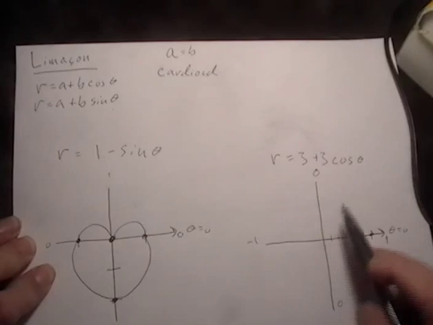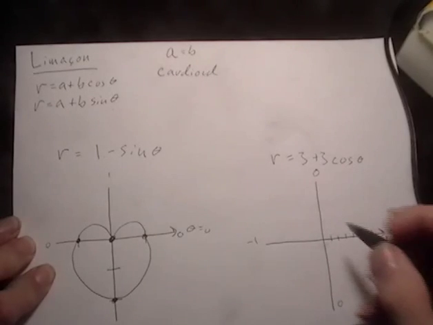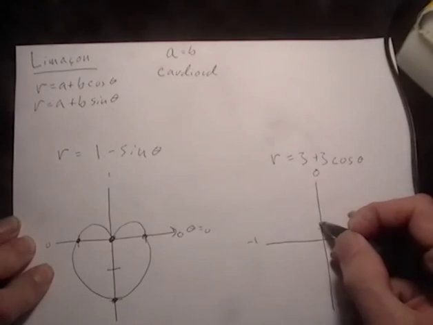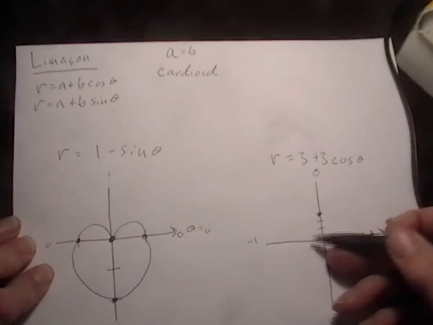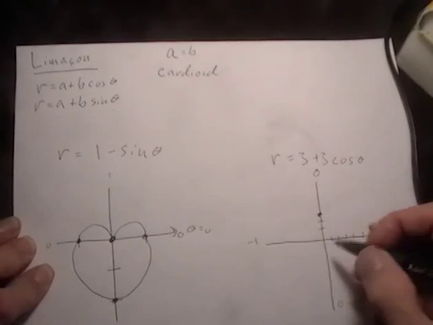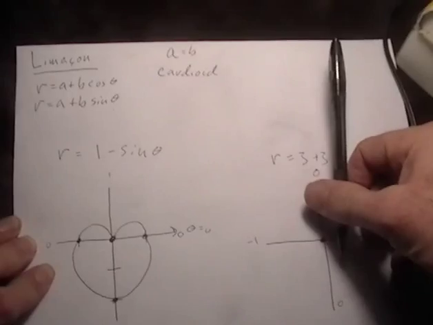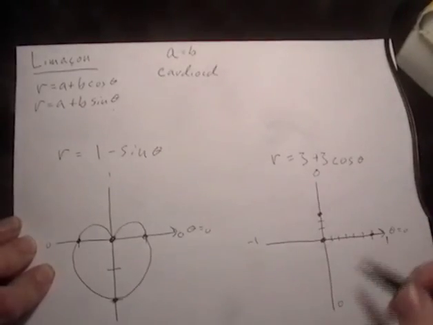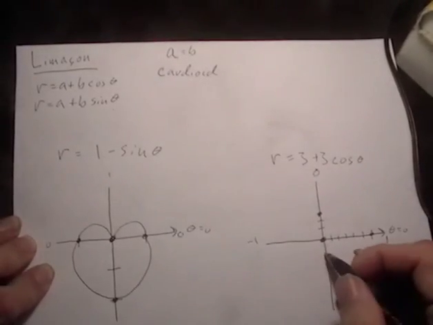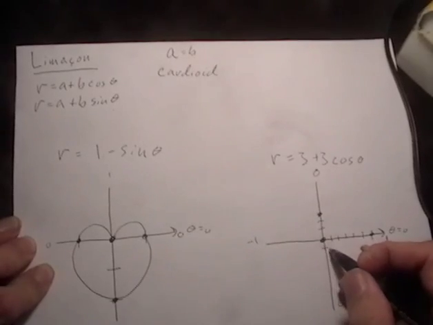In the northward direction, I'm at 3 plus 3 times 0. That would be 3. In the westward direction, I'm at 3 plus 3 times negative 1. That would be 0. And in the southward direction, I'm at 3 plus 3 times 0. That would be 3 again.